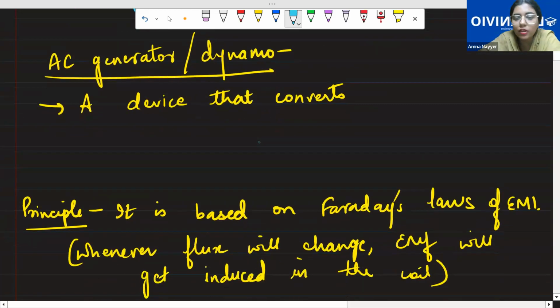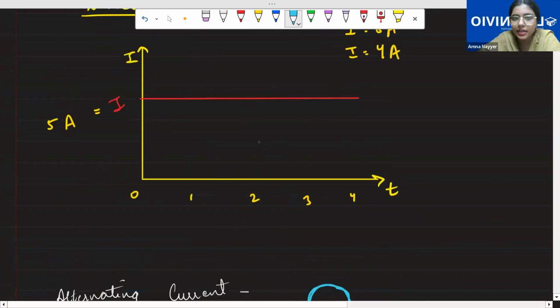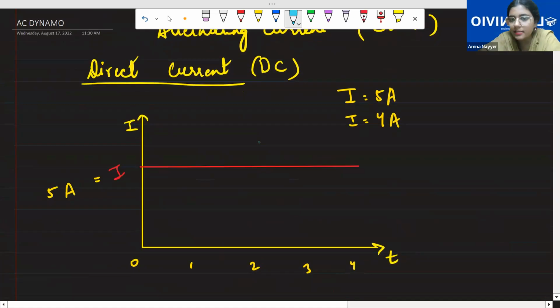So we'll be talking about the AC generator or AC dynamo. Before that, you just write down this introductory part. Then I'll discuss the AC generator with you. AC generator is similar to your EMI.